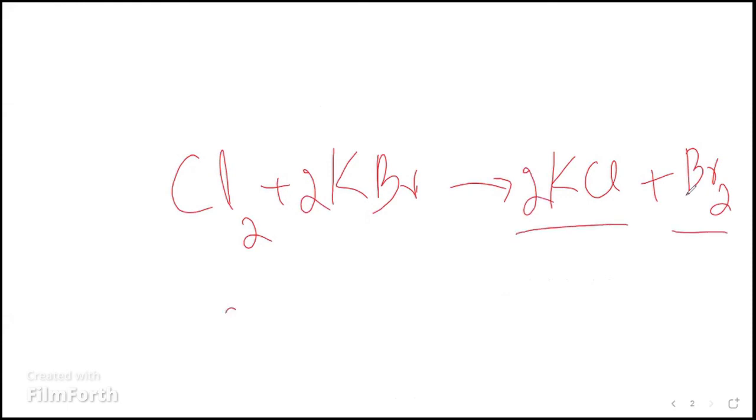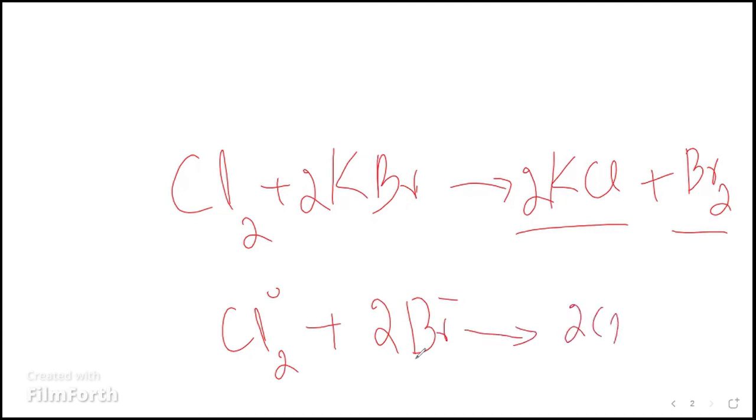How can you write an ionic equation? Cl2 plus 2Br- changes into 2Cl- plus Br2, which has zero oxidation state.